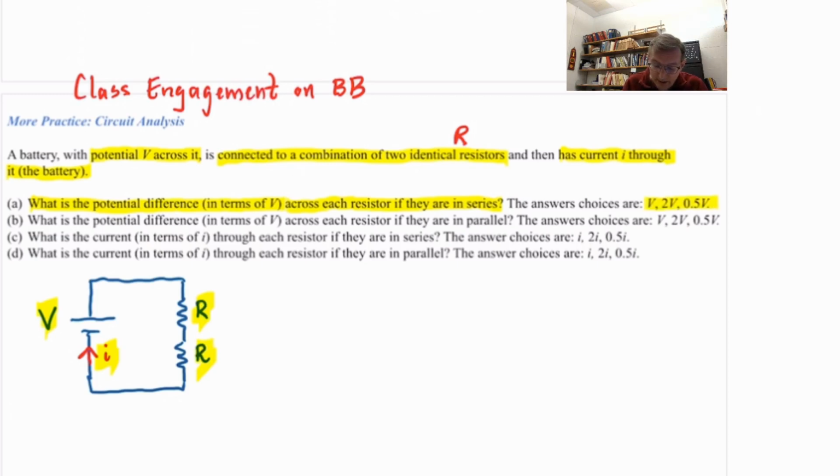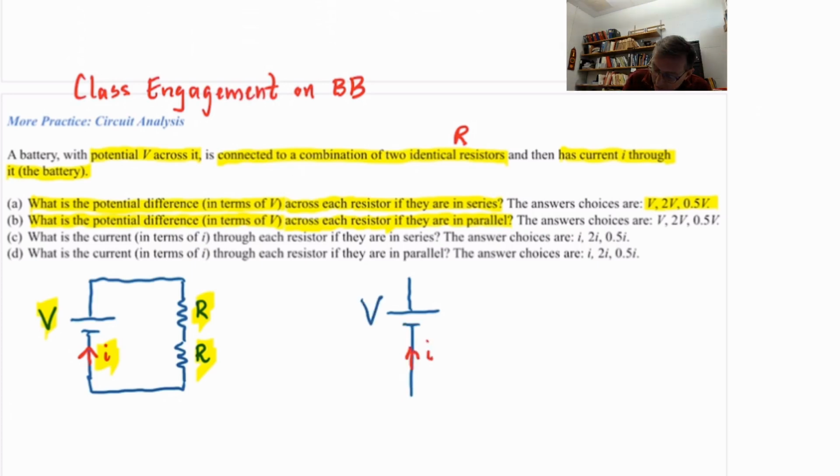All right, then in B, what is the potential difference in terms of the V across the battery for each resistor if they are in parallel? So now let's draw another picture. There's the battery. Again, potential difference V, current I going through it.